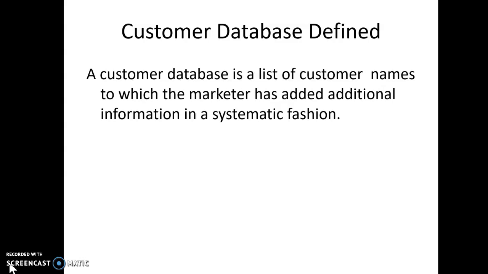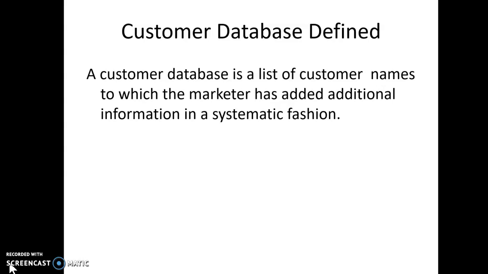A customer database is a list of names to which the marketer has added additional information in a systematic fashion. So typically it's last name, first name, phone number, email address.